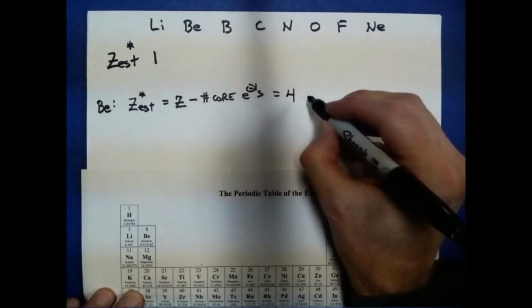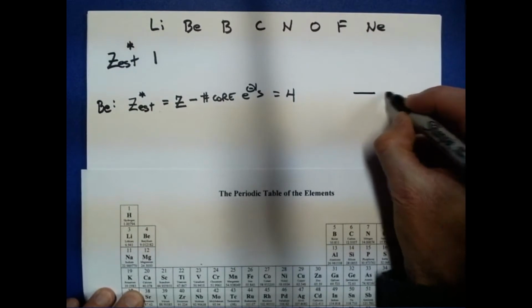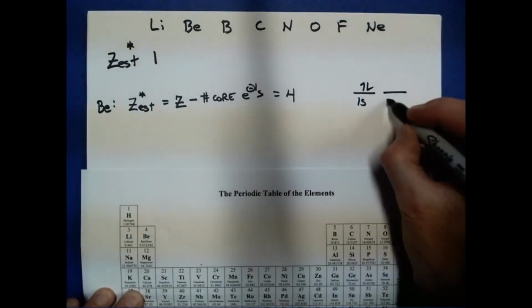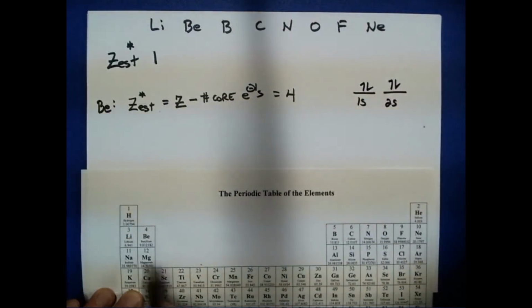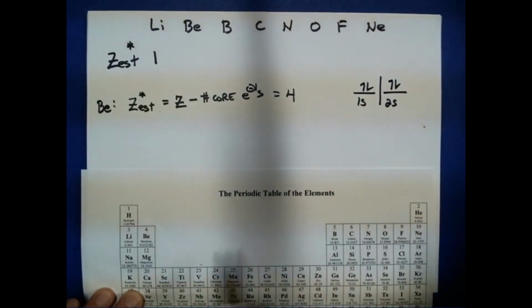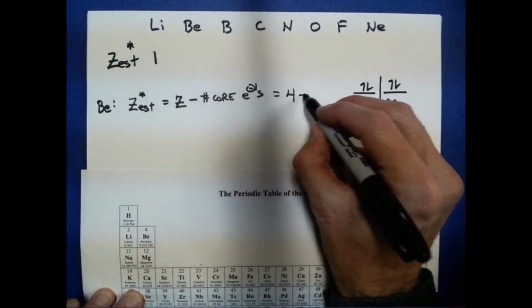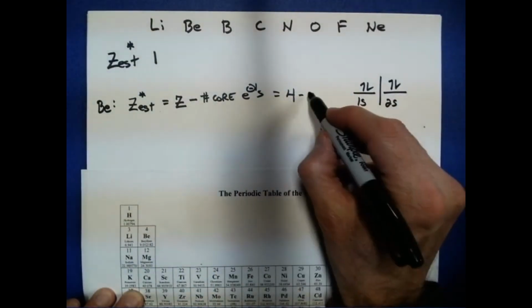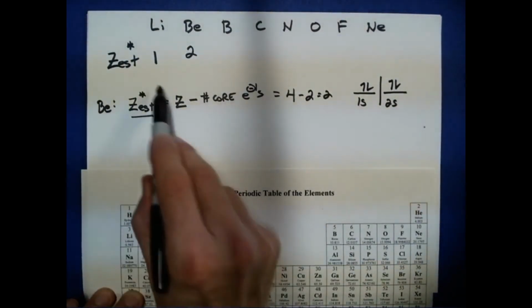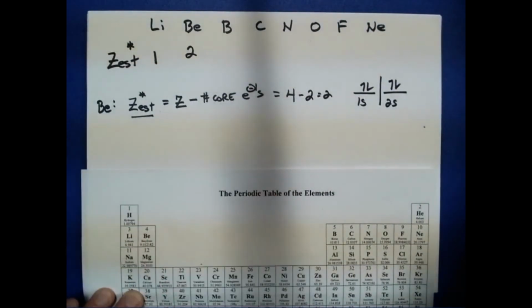We can figure that out from the electronic configuration. That's going to be 1s2, 2s2, and so we see that there are 2 core electrons in a beryllium atom. So if I take 4 minus the number of core electrons, which is 2, I get 2. So that's going to be the estimated effective nuclear charge for beryllium.